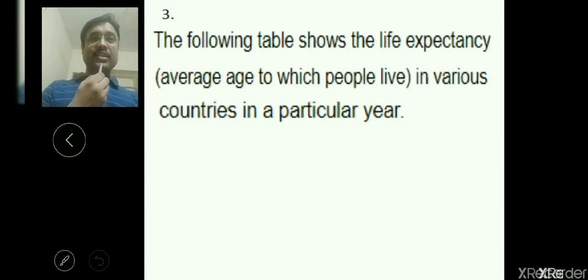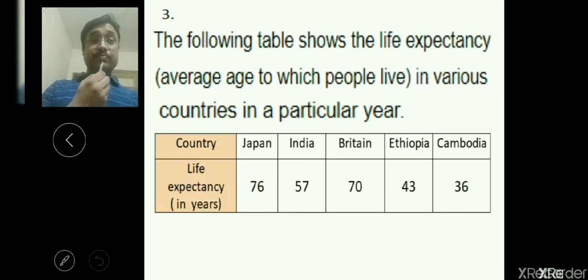Okay, now see this question. The following table shows the life expectancy, that means how long people can live, the average age to which people live in various countries in a particular year. The countries are Japan, India, Britain, Ethiopia and Cambodia.